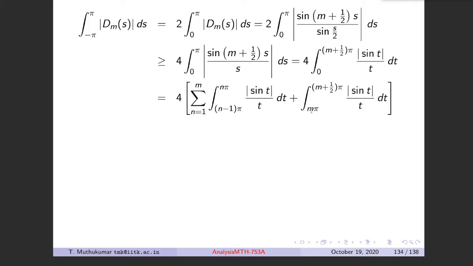And the last part, from m pi to m plus half pi, has only a half part. So this is from n equal to 1, which is 0 to pi, and pi to 2 pi, and so on and so forth. After m pi, you don't have m plus 1 pi here, so you go up to m plus half pi. That's what we have done, we have split this integral into a finite number of integrals.